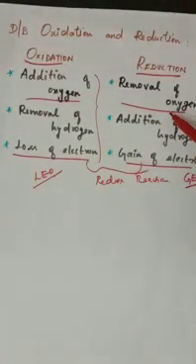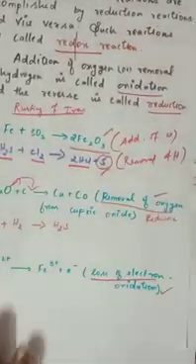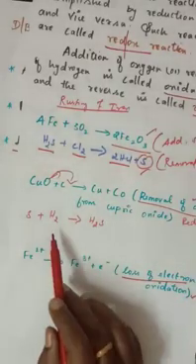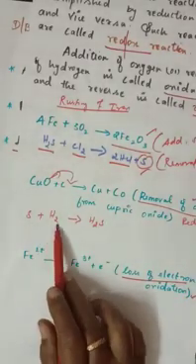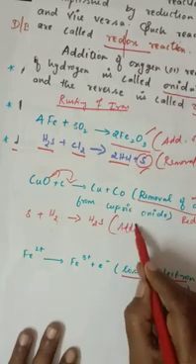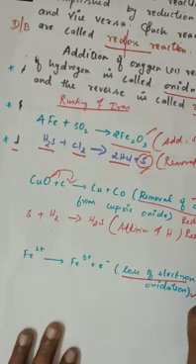The second definition is addition of hydrogen. Sulfur treated with hydrogen combines with hydrogen and becomes H2S. Here addition of hydrogen is also known as reduction.